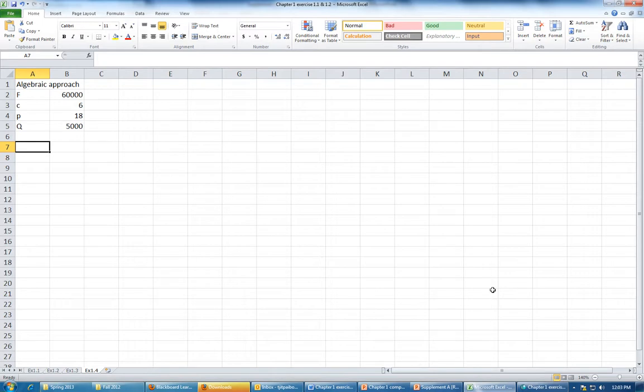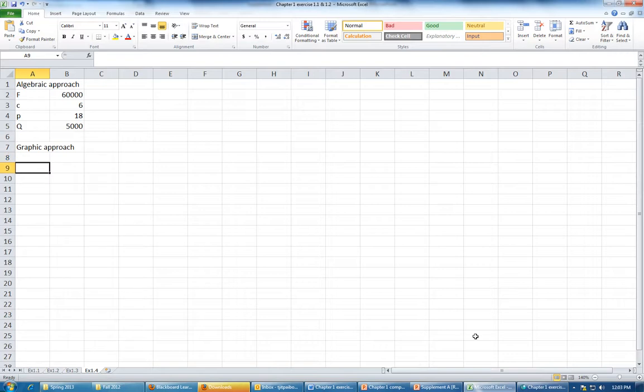Now next, we are going to use what we call the graphic approach. On the graphic approach, we will have two lines. So we're going to set up first.